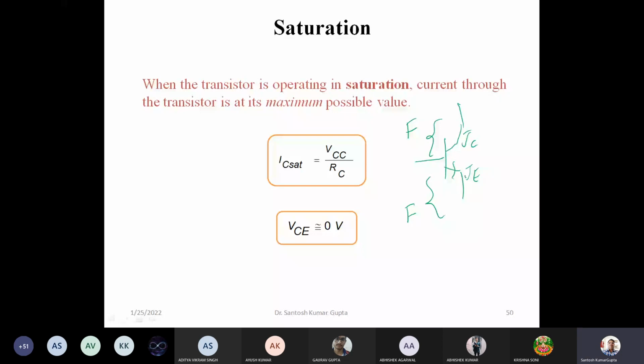So there is almost equal voltage drop across these forward biased junctions. We can take here, say, an NPN transistor. The voltage drop across this PN junction will be of this polarity here, and the voltage drop across this PN junction will be of this polarity.